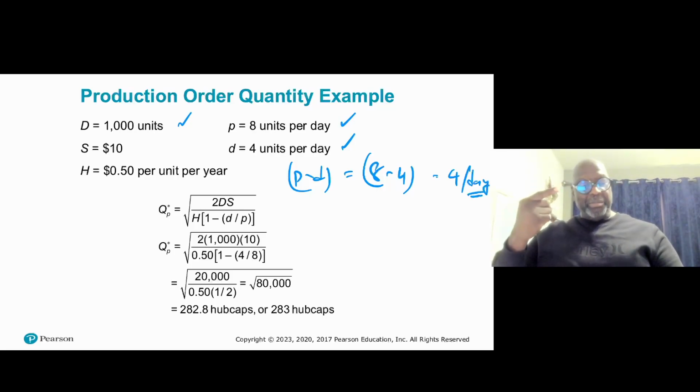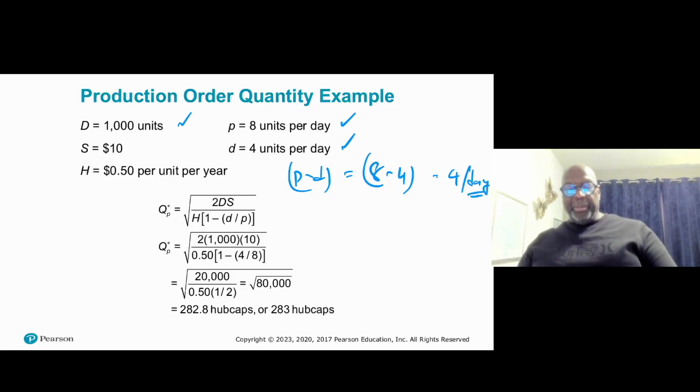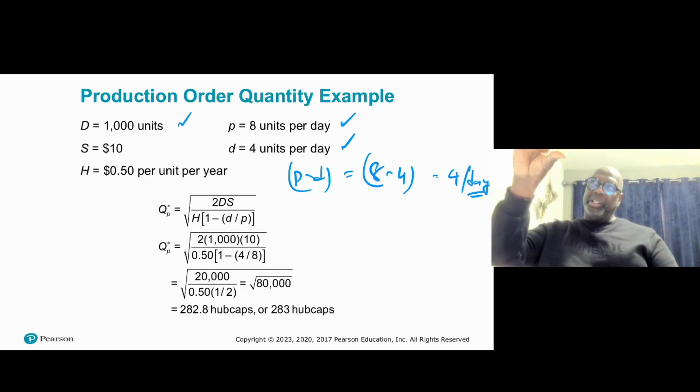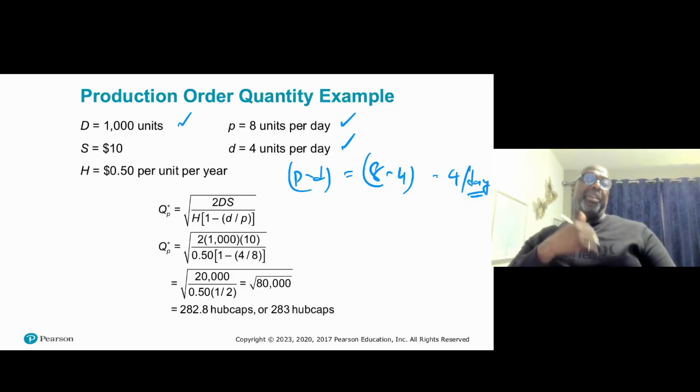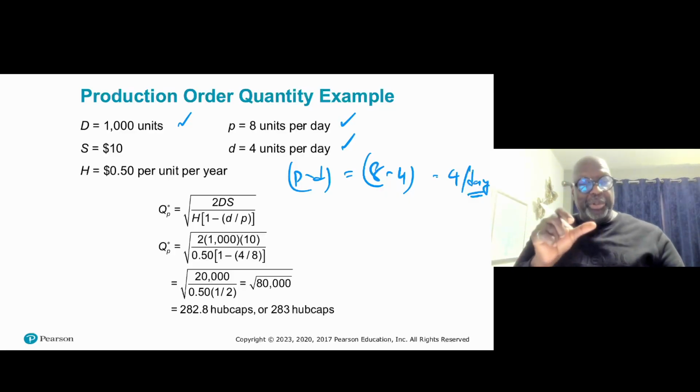So what will our maximum inventory be? If we are producing 8 units per day, depending on what our order quantity is, we could determine that quantity divided by 8 will give us the time that we are spending producing.